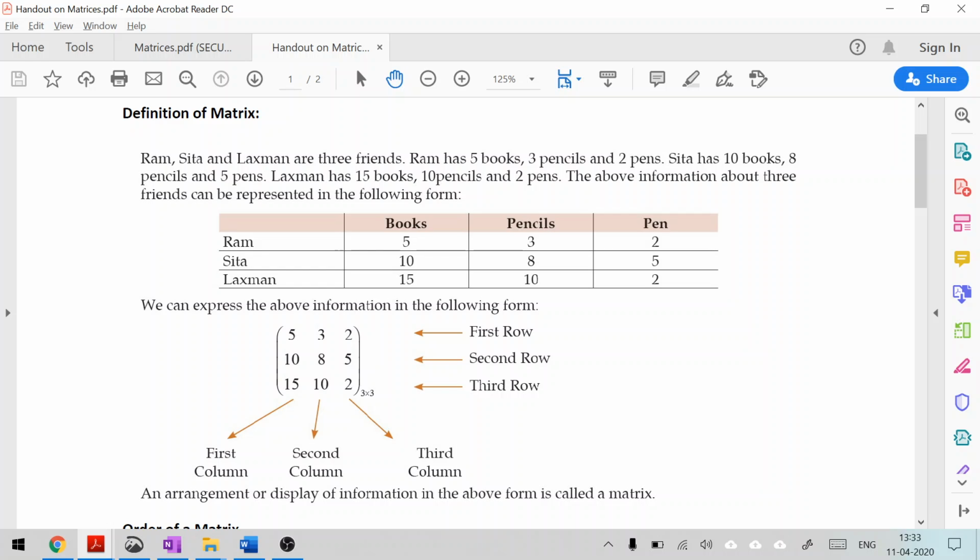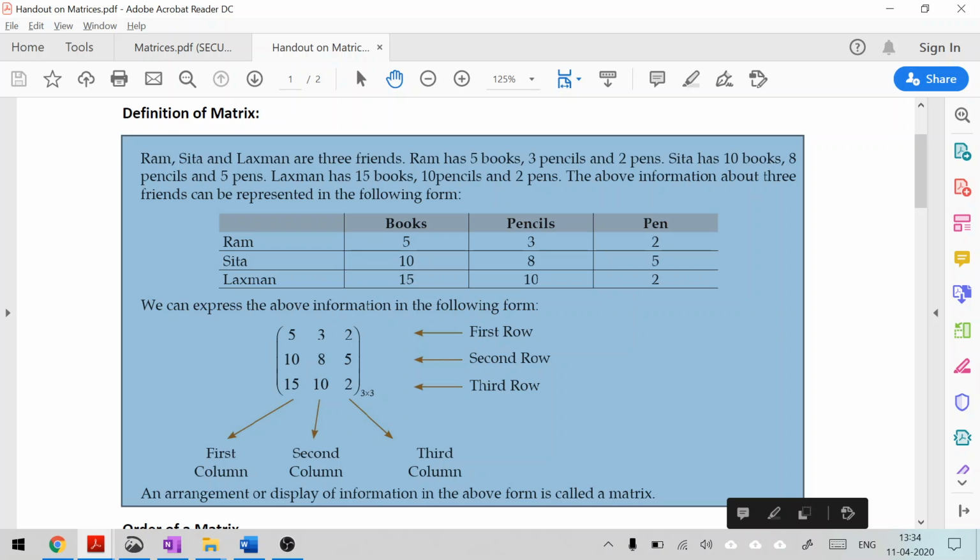When you look at this table, at one shot you get all the pieces of information. The further simplification of this table is the matrix format. When you express it in this format, it becomes easier to add, subtract, multiply and perform various other operations which matrices help us to do, which we will be seeing in the coming lectures.